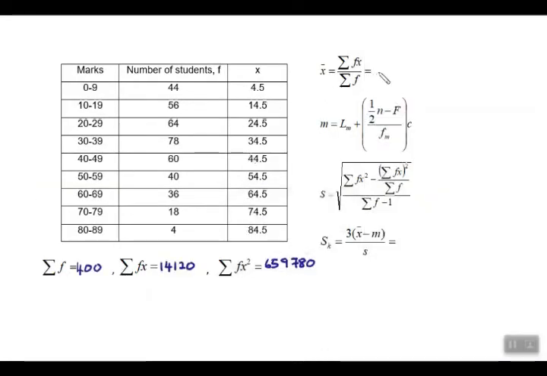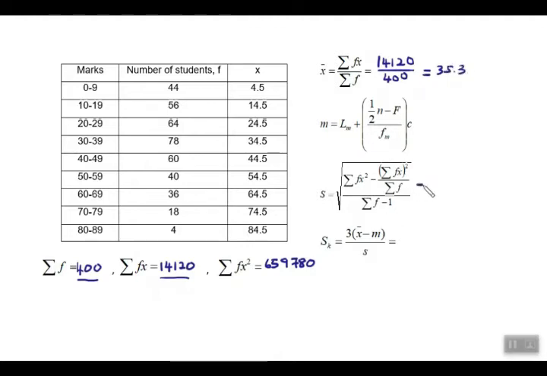To find the mean, substitute the sum of fx, which equals 14120, divided by the total number of students, 400, which equals 35.3.